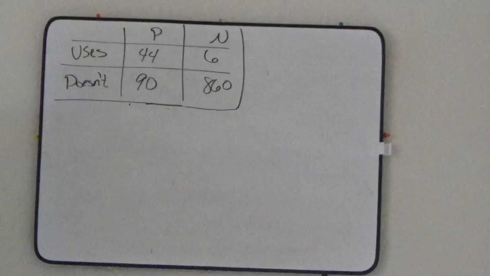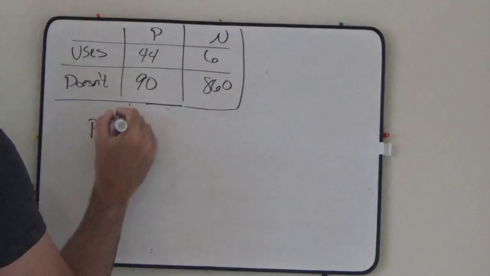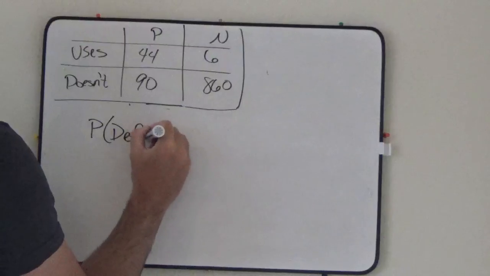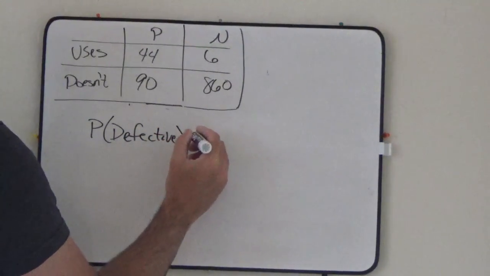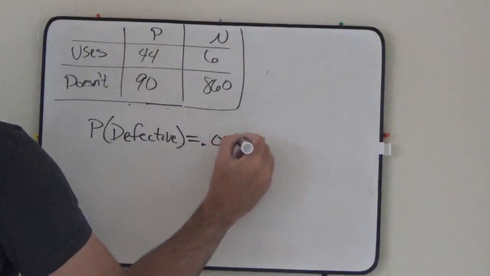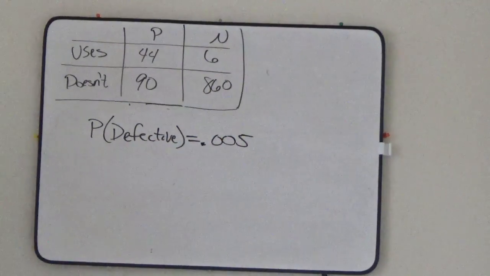So let's say that some DVDs are sold in packs of 50, okay? Now the probability given for a defective DVD is 0.005. So the probability of getting a defective DVD is 0.005.